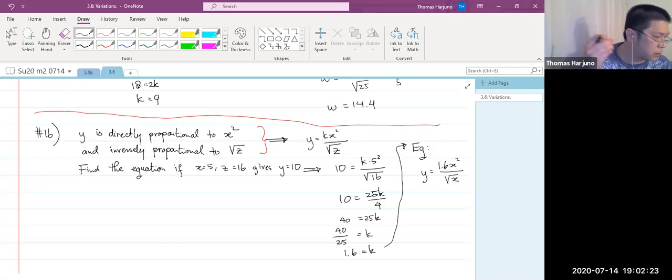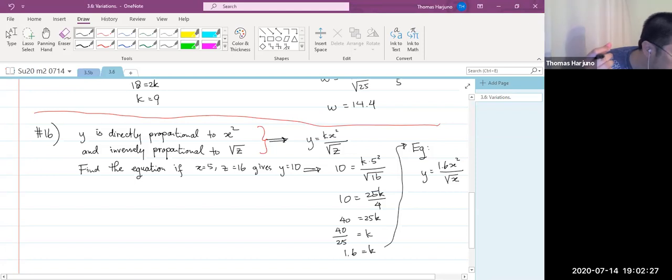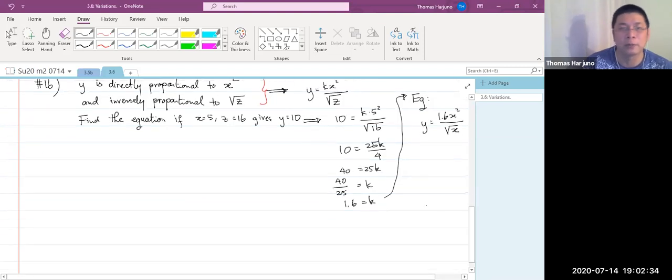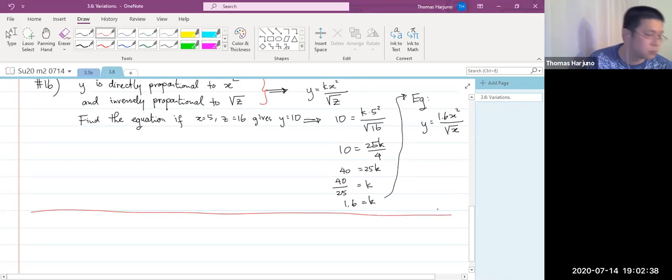The rest of this section is actually word problems. Let me do one, and then after that, we give ourselves some break. Let me do, for example, number 24.